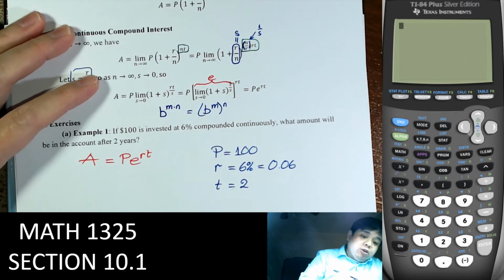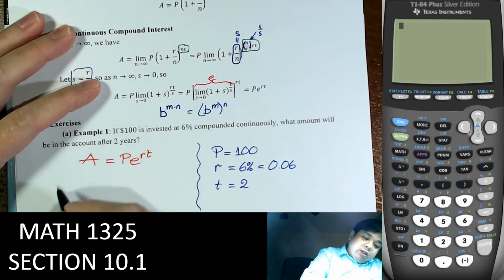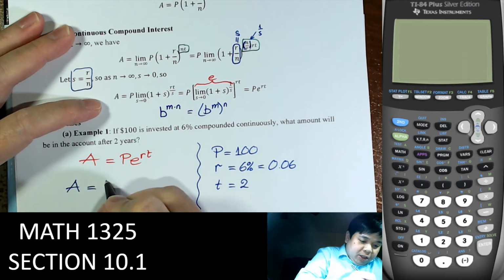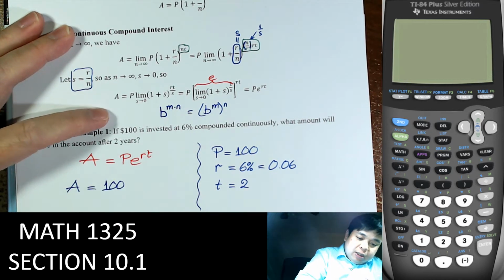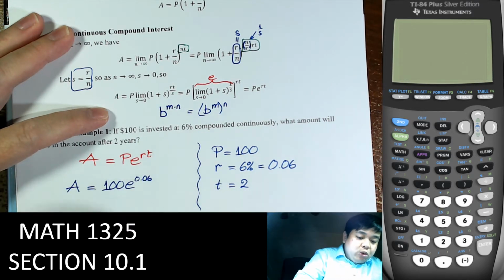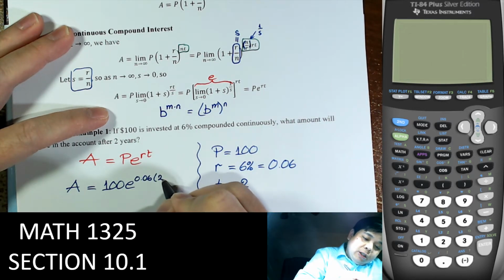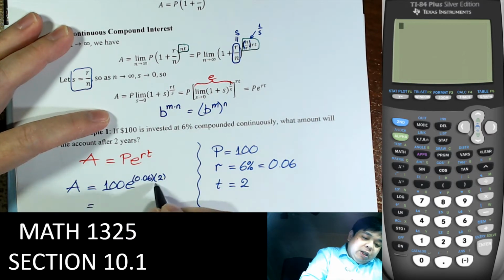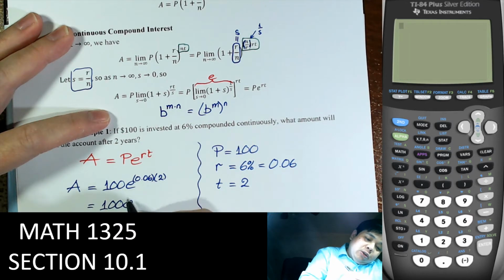Right, substitute everything in the formula. Future value equals principal, interest rate, times 2 years. And multiplying that, we have e to the 0.12.